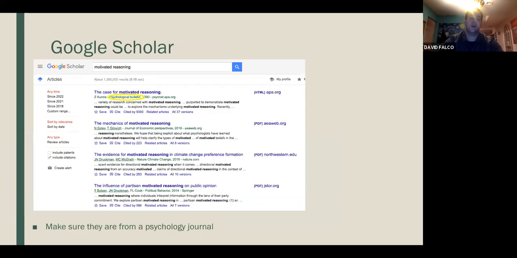And this is just showing what I would do if I was writing this paper on motivated reasoning. I would go to the Wikipedia page, which I'm assuming the student also did, and get some good information from there, which, based on the fact that his paper took a direct quote that was also in the Wikipedia article, I think he did exactly that. From there, I would put motivated reasoning into Google Scholar, or some of the other concepts.